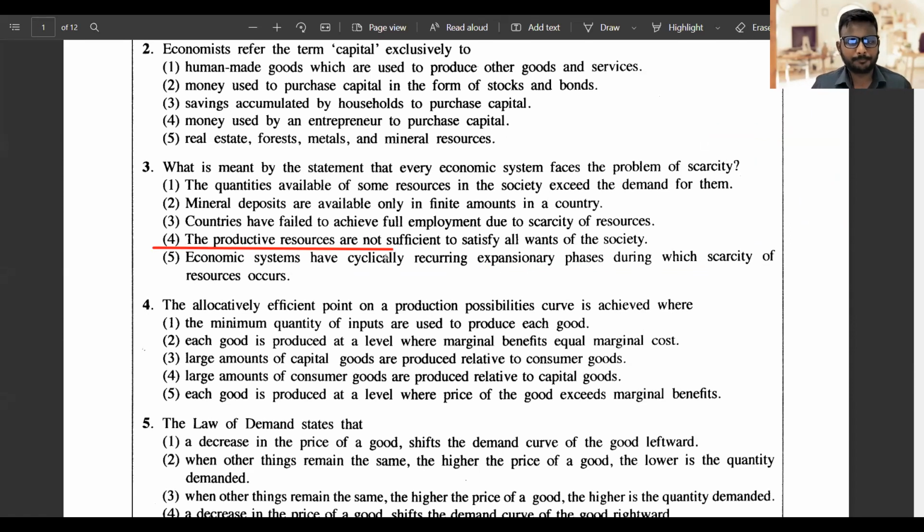One more thing I want to say. Sometimes when you are doing an MCQ, for these questions, obviously, you know scarcity, the definition, you mark it and move on because you study about this very early in your A levels. For some questions, if out of the 5 answers a certain answer is kind of big, right? It has lots of words. When you read it, it might seem like it makes some sense. In some instances like that, you might lean towards that big answer, thinking that might be the correct answer.